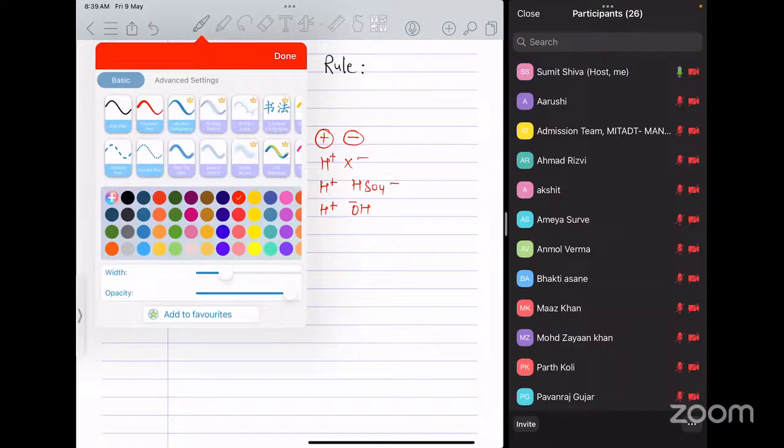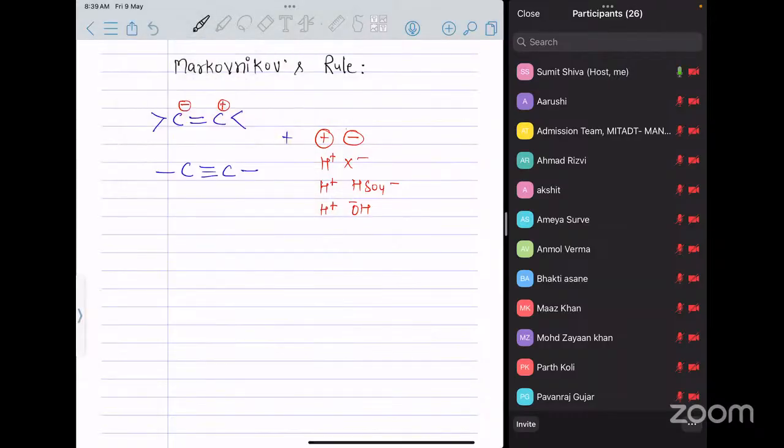According to Markovnikov rule, the negative part of the reagent will be attached to the positive carbon and the positive part will attach to the negative carbon. Which carbon will be positive and which negative will be decided according to the number of hydrogen atoms. The carbon with the least number of hydrogen atoms will be positive, and the carbon with comparatively more hydrogen atoms will be negative. Are you getting it?